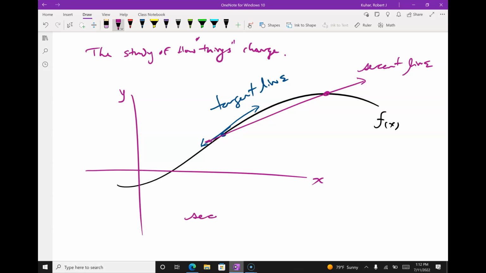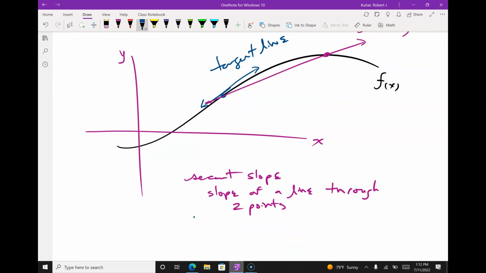So our secant slope, do you remember secants and tangents from high school geometry? Secants cross the circle twice. Tangents touch the circle once. Same idea here. So secant slope, right, is the slope of a line through 2 points. And then our tangent slope is the slope of a line through 1 point.